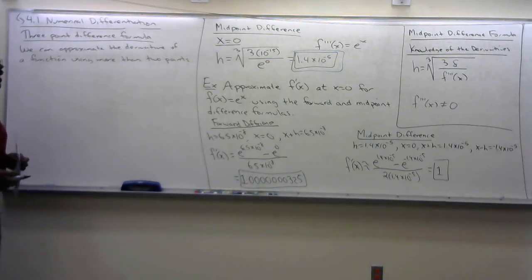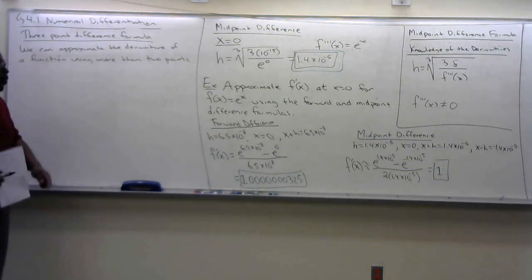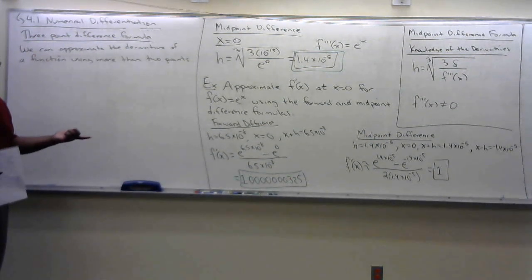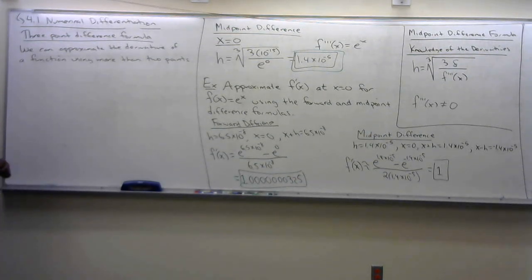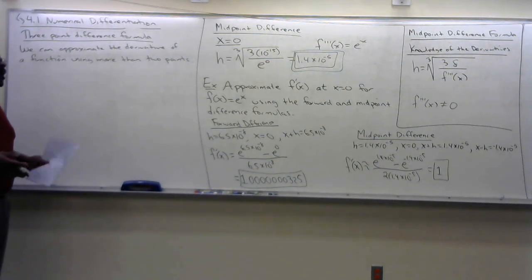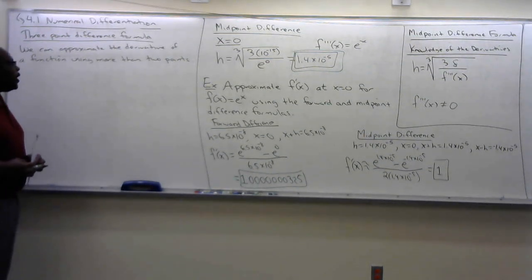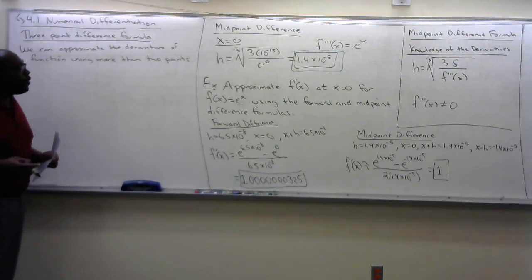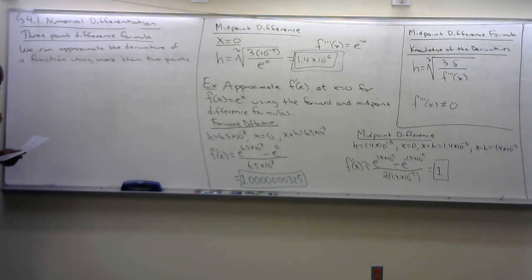If you looked at the last example with the forward difference and the midpoint difference, the forward difference is using f of x and f of x plus h. The midpoint difference formula is using f of x minus h and f of x plus h. But who says that we only have to pick just 2 points? We can choose more than 2 points.